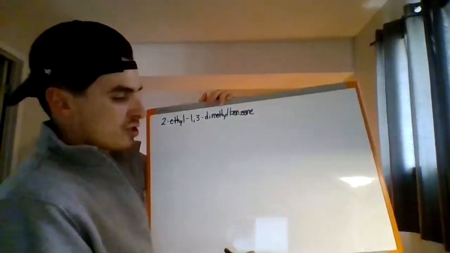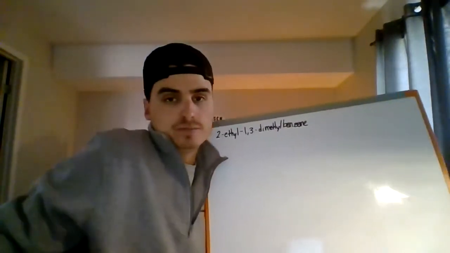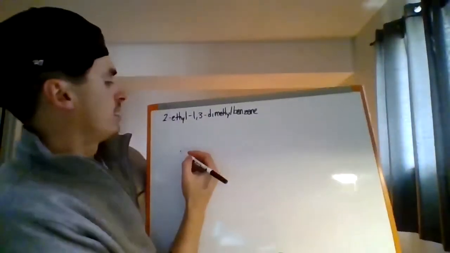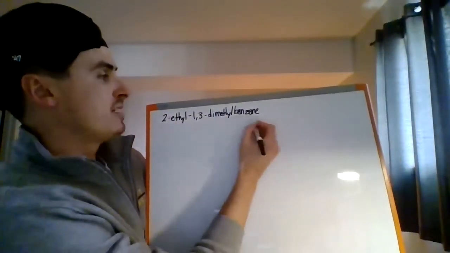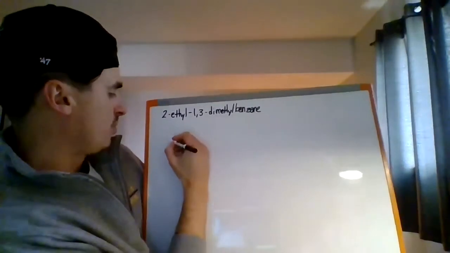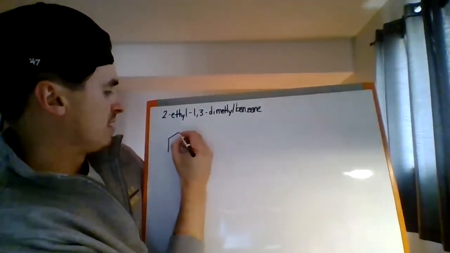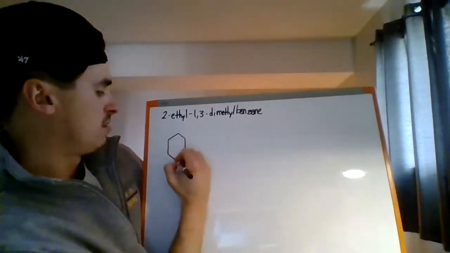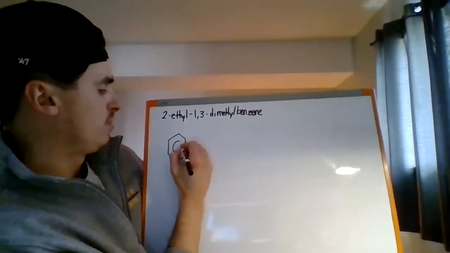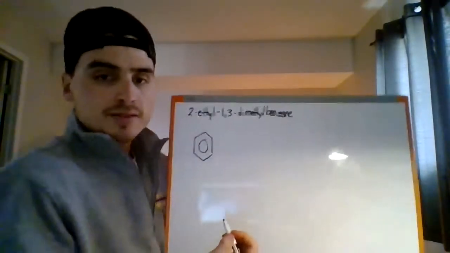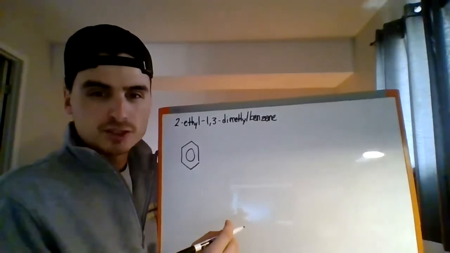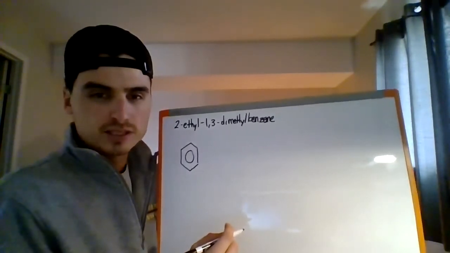Okay. So the first thing that I have to do is draw this chemical, all right? So if I look at this, benzene is my root. So I'm going to start with a benzene right here. Circle in the middle. Okay. And then I've got 2-ethyl and then 1,3-dimethyl.